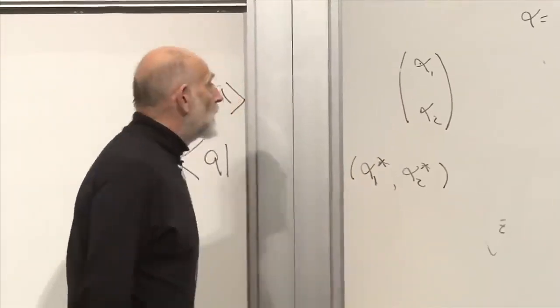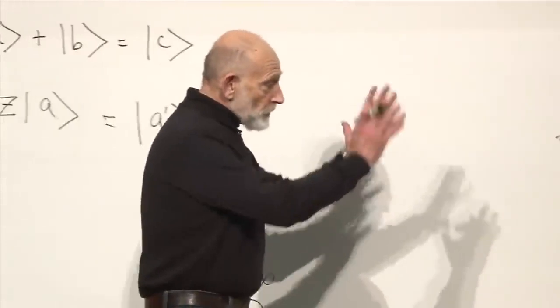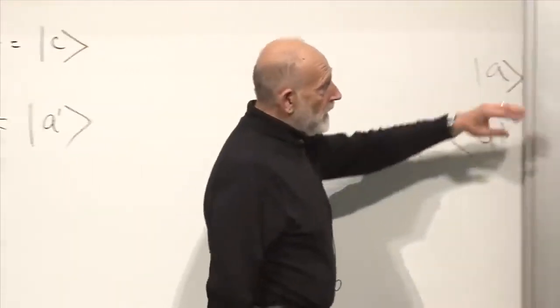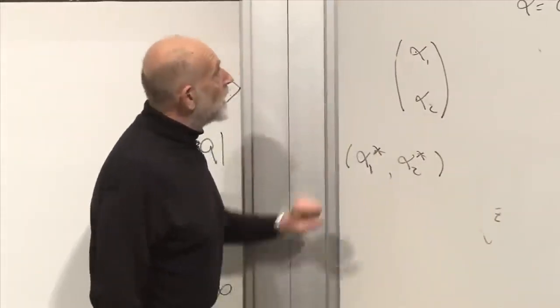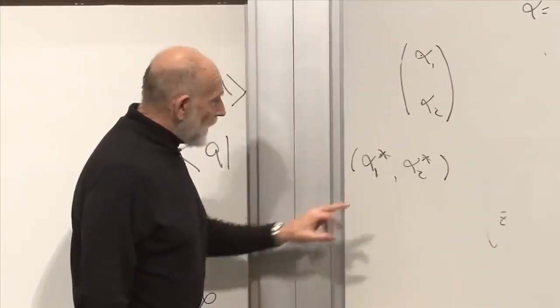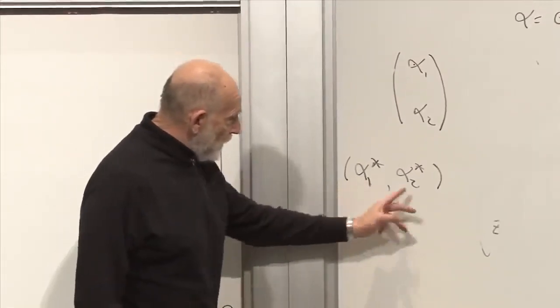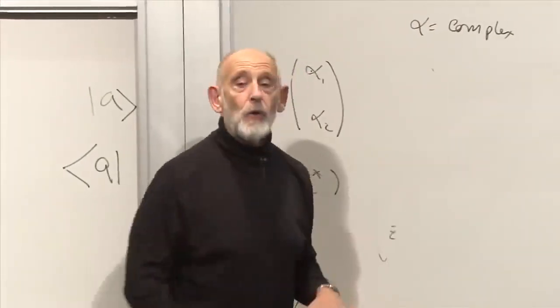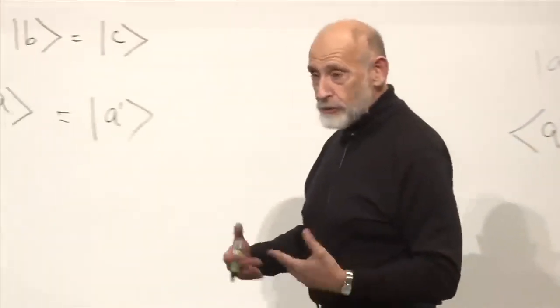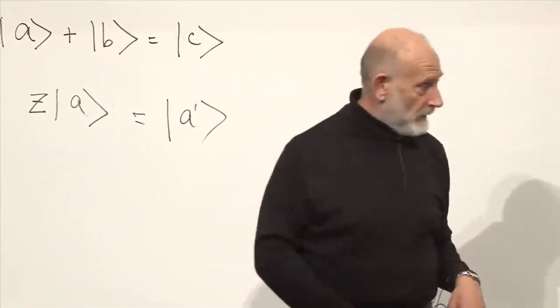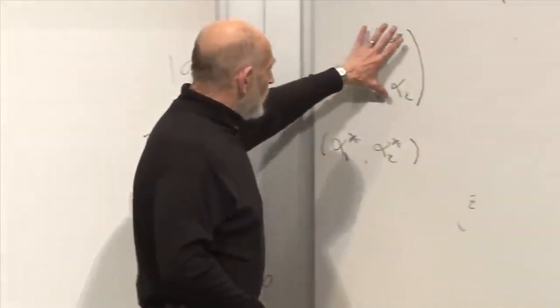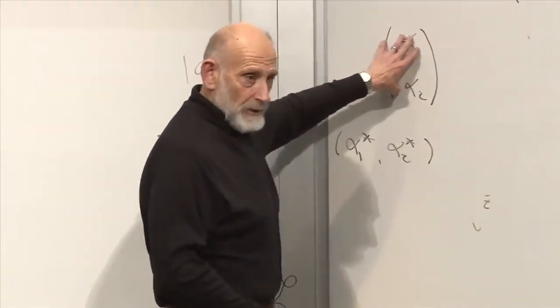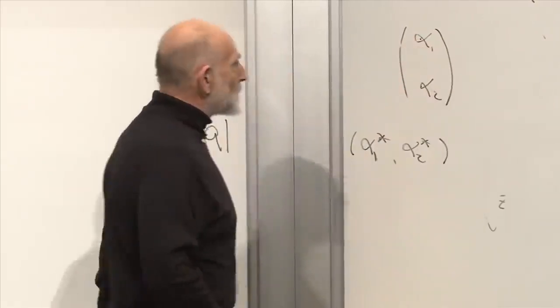The answer is yes. So just laying out a pair of complex numbers like this makes a vector space, and the dual vector space is the same pair of numbers except complex conjugated, and laid out in a row just to remember that it's not the same creature, doesn't live in the same space of things.